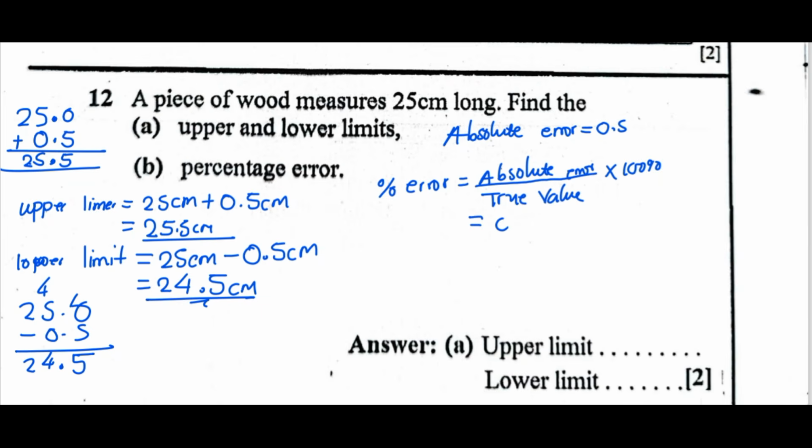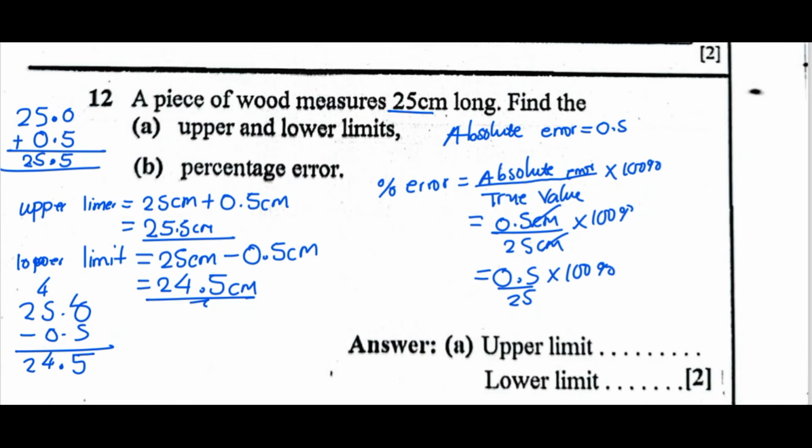So the absolute error is 0.5 centimeters over the true value, which is just this number, 25 centimeters, times 100%. So we can cancel this. We have 0.5 over 25 times 100%.